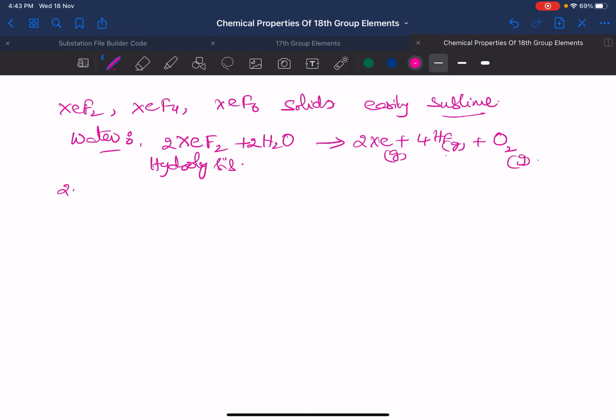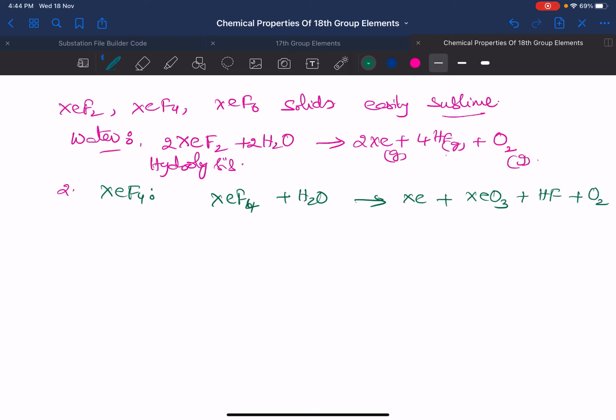And next, the second one, that is xenon tetrafluoride, XeF4. XeF4 on reaction with water, H2O, gives rise to Xe, xenon, plus XeO3. We have already known what it is. It is xenon trioxide, and then hydrogen fluoride HF and oxygen.